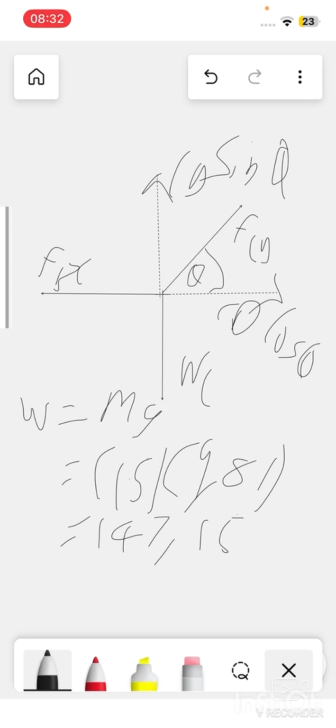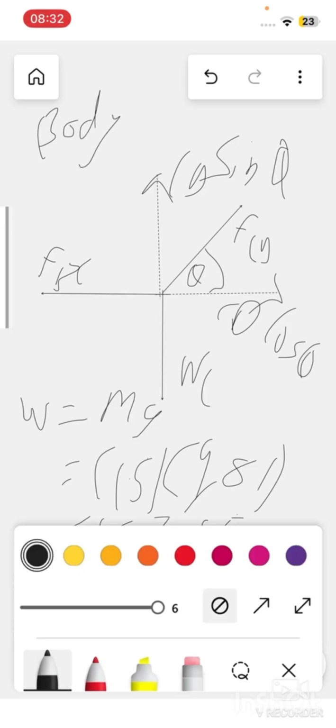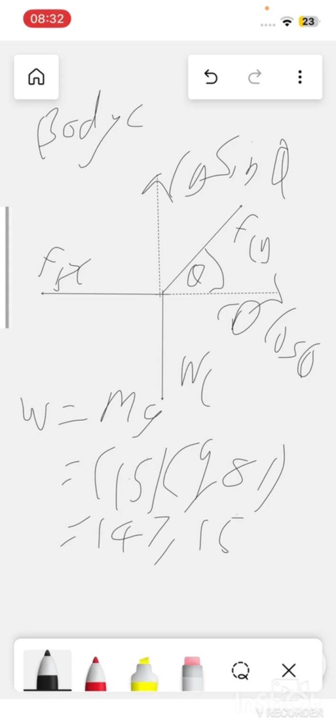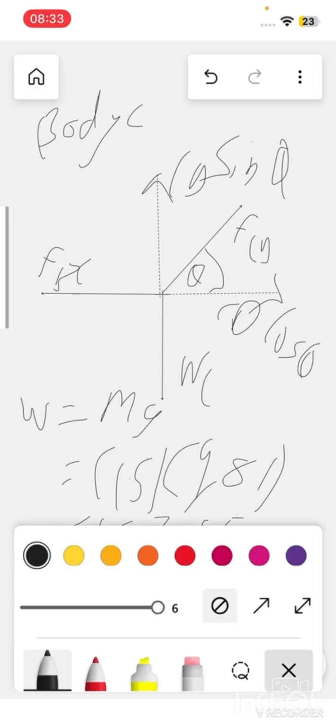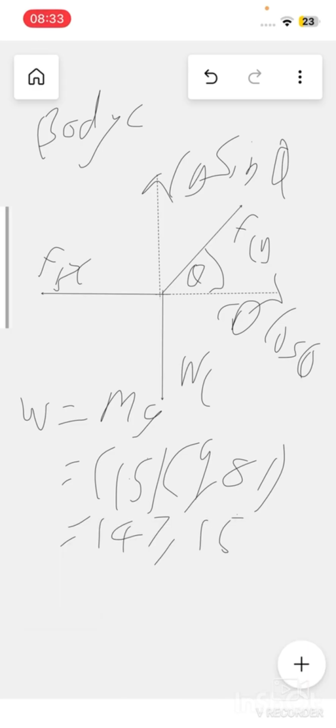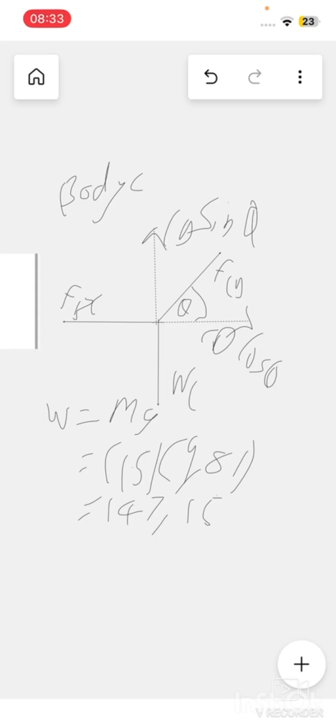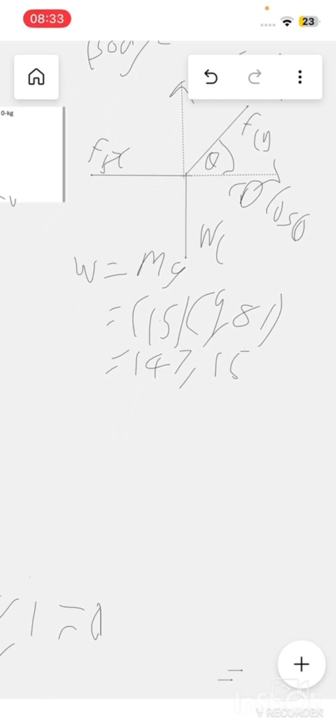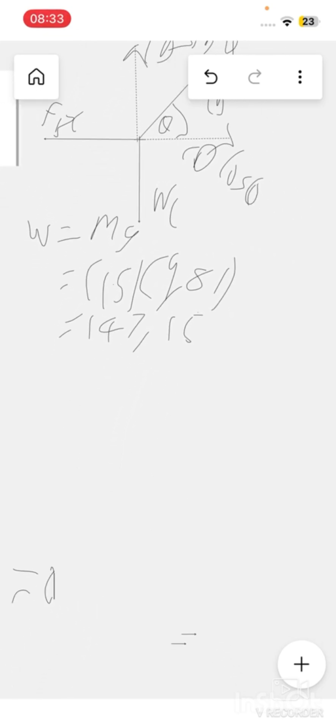This is the body of body C. Right now we need to calculate the summation of the forces.